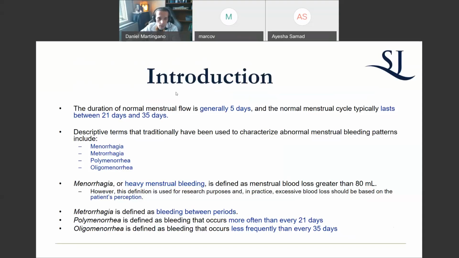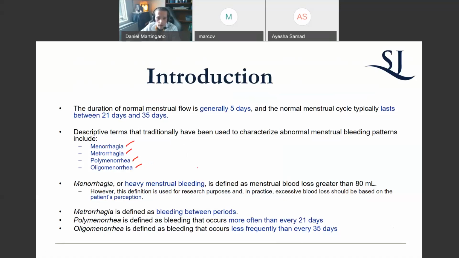There are a bunch of terms that have been traditionally used, such as menorrhagia, metrorrhagia, polymenorrhea, and oligomenorrhea, but there's been a shift from ACOG to really keep the language a bit more plain, so there's understanding across specialties, but more than that, so the patient also understands. Using terms like menorrhagia, metrorrhagia, patients are not really going to understand.